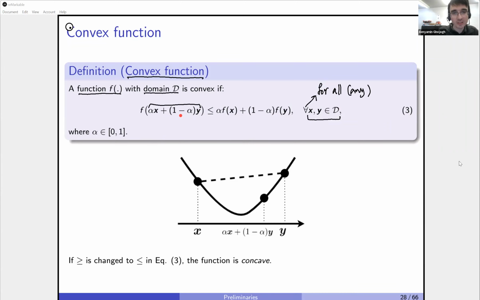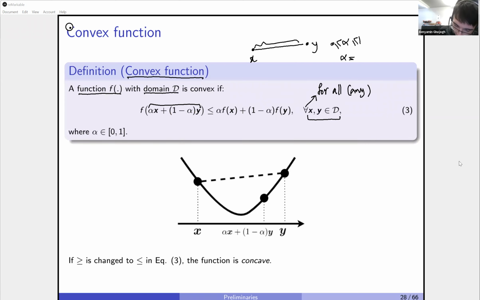Alpha x plus 1 minus alpha y. This means that, assume this is x, this is y, this is the line connecting x to y. So if alpha is between 0 and 1, alpha x plus 1 minus alpha y represents this line.